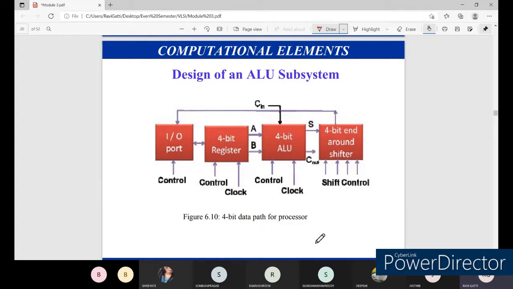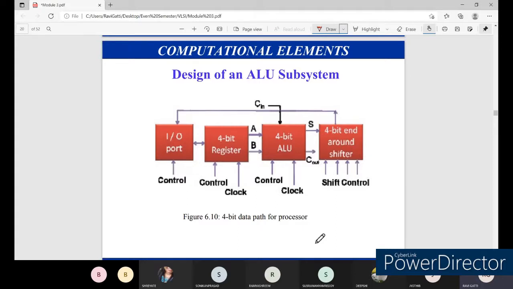Simultaneously, we are giving the input signals A, B and Cn to this 4-bit ALU. In order to control the operation of this 4-bit ALU, we have given the clock and the control pins. Based upon the signal we transmit on the control pins, you get the output, that is sum and carry.